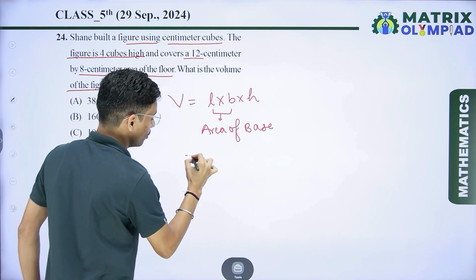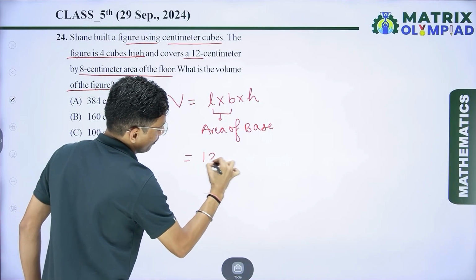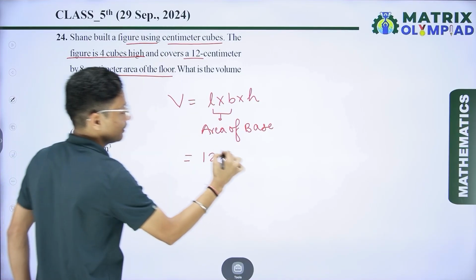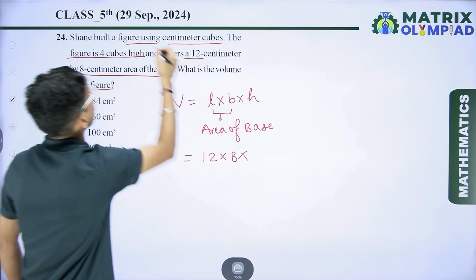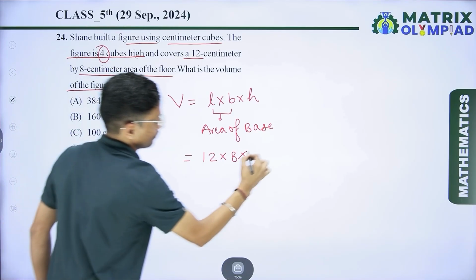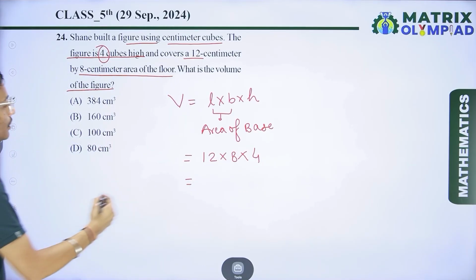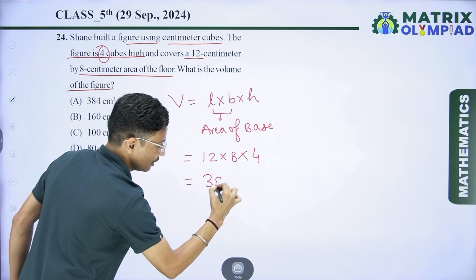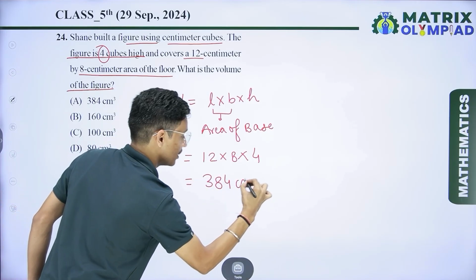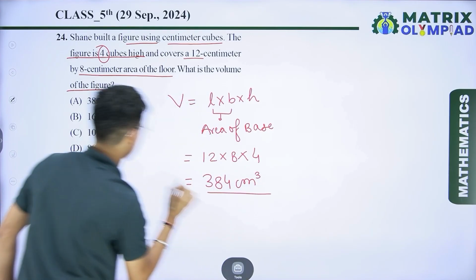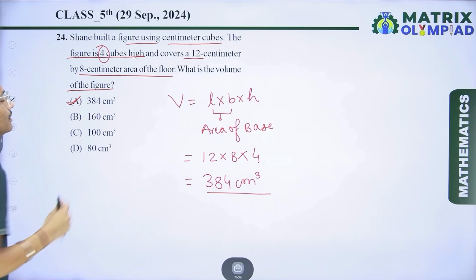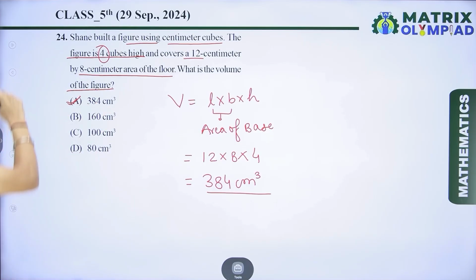So if I multiply, 12 multiply by 8 multiply by 4, I get 384 centimeter cube. So here option number A is the correct answer.